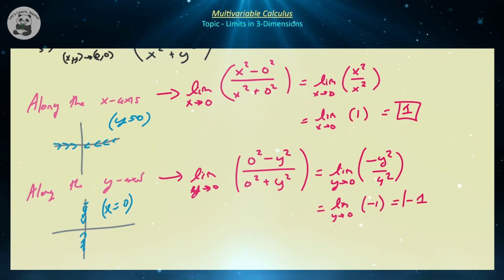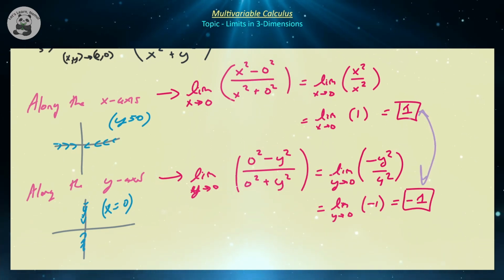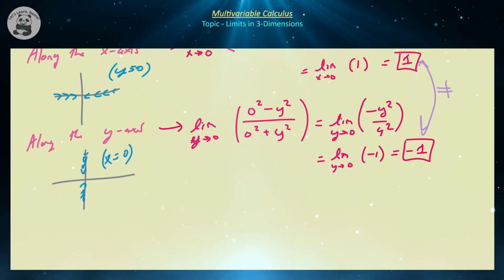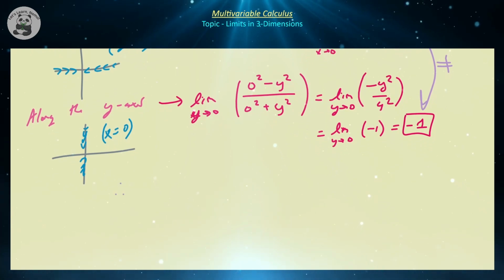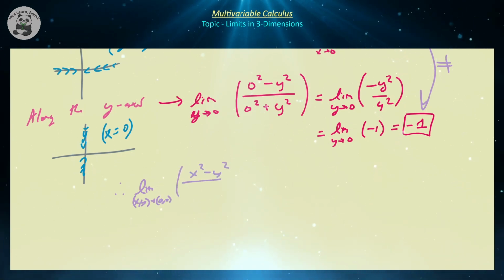So we have minus 1. Since the x-axis path limit and the y-axis path limit are not equal to each other, we found two paths that produce different limits, which means we can say that the limit as (x, y) approaches (0, 0) of (x squared minus y squared) over (x squared plus y squared) does not exist.